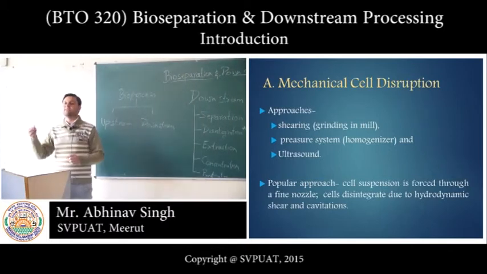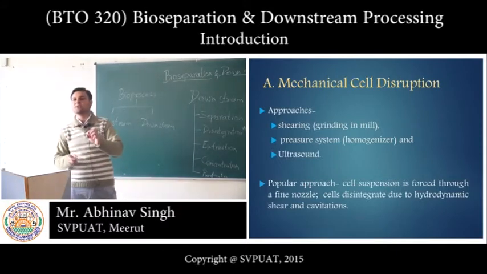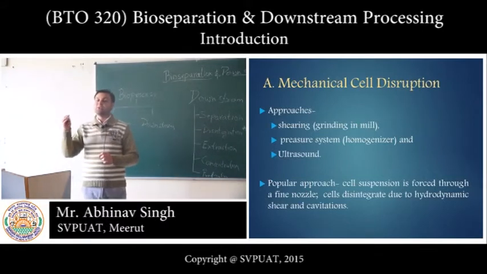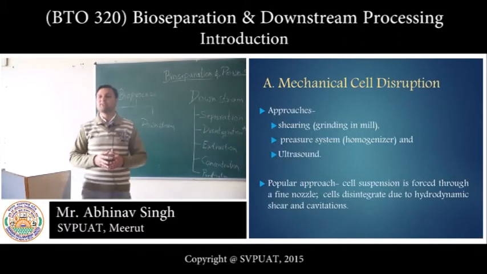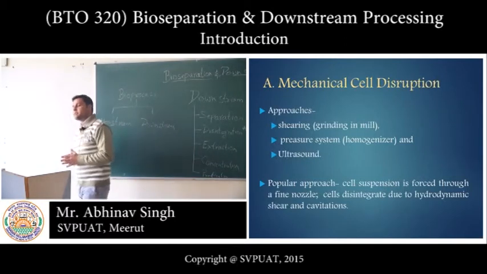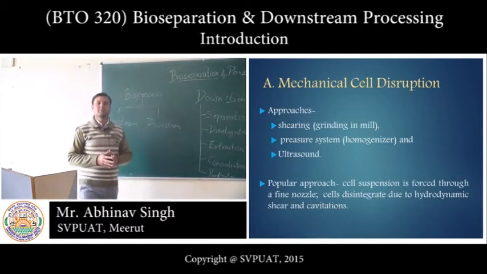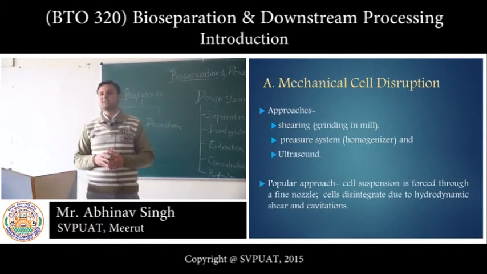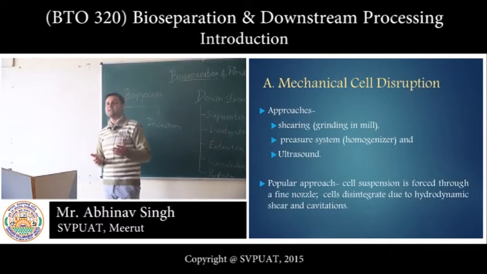As you know, if we pass something through a very fine nozzle, it will cause a very big pressure on the cell. Due to that high pressure, the cell will burst and liberate all the material out. Third is ultrasound. As you have already studied in your earlier courses, ultrasound is also a good medium for breakage of the cells. So we are going to utilize this technique for the disintegration of the cell.